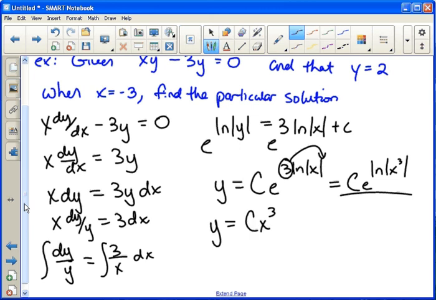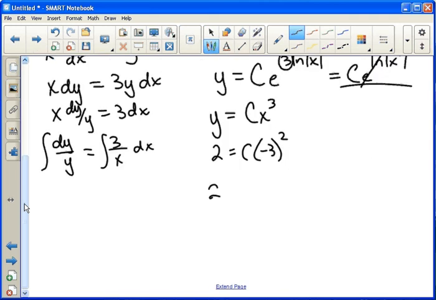So y equals 2, and x equals negative 3. So we get 2 equals c times negative 27, or negative 2 over 27 equals c. Don't stop there. The particular solution is not just the value of c. The particular solution is the equation with the value of c plugged into it.